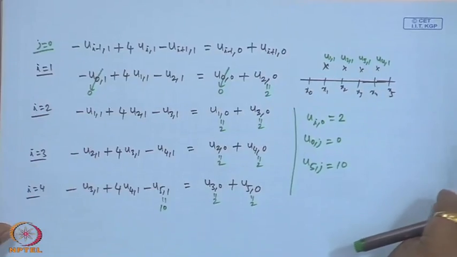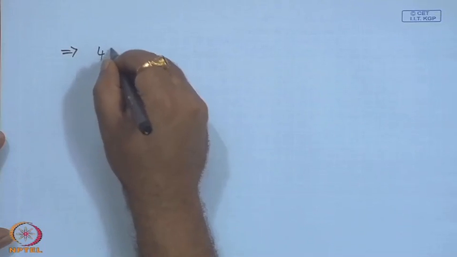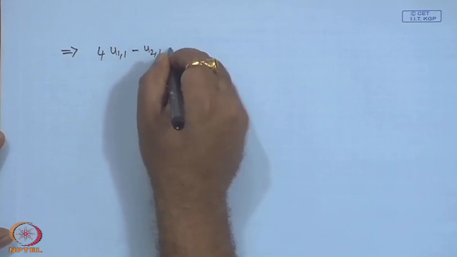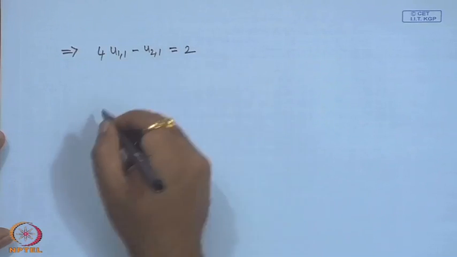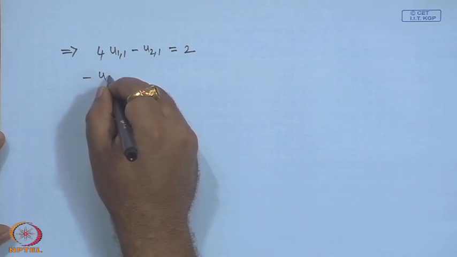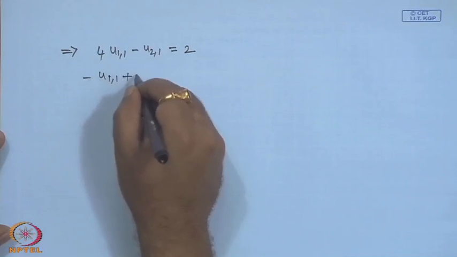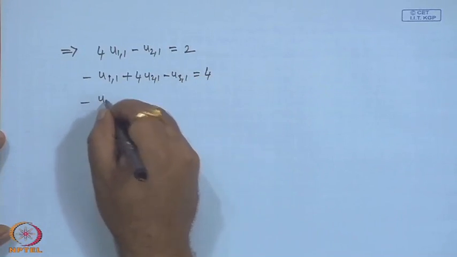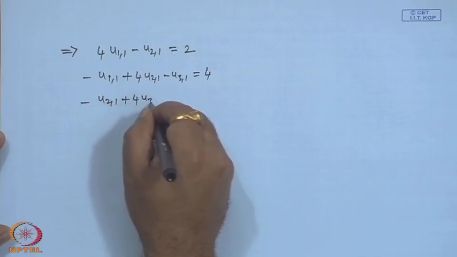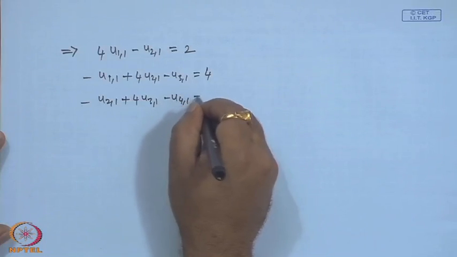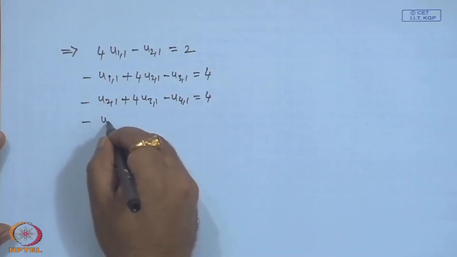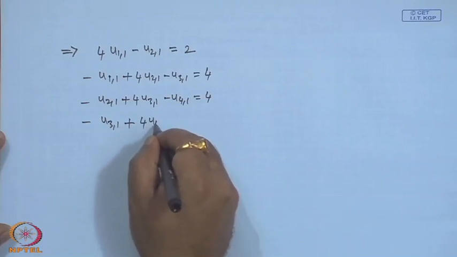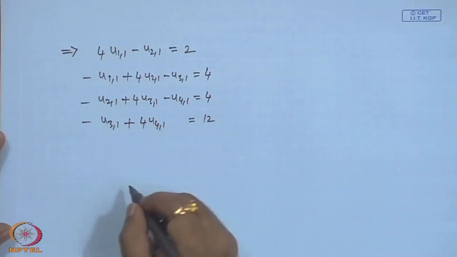So, accordingly the system simplifies to, so this will be 12.